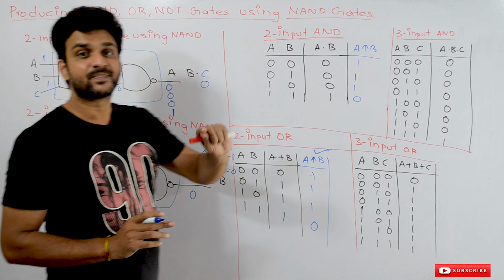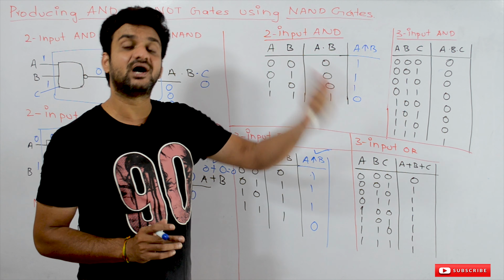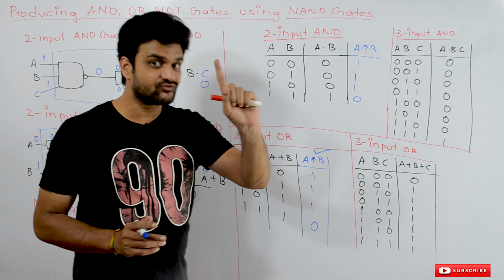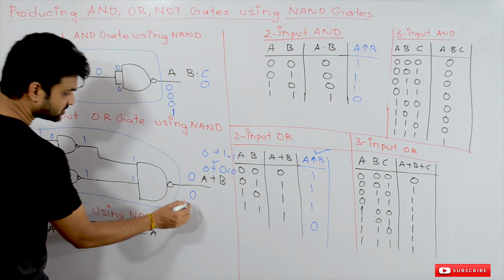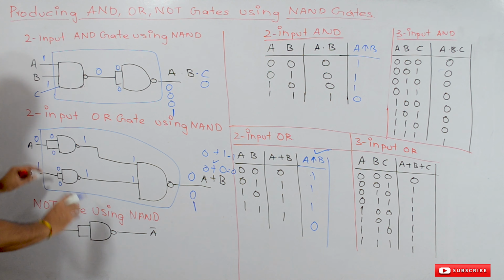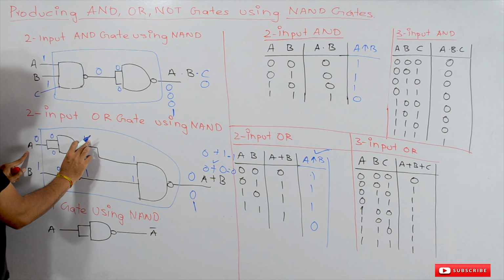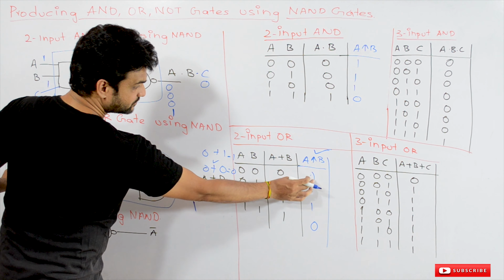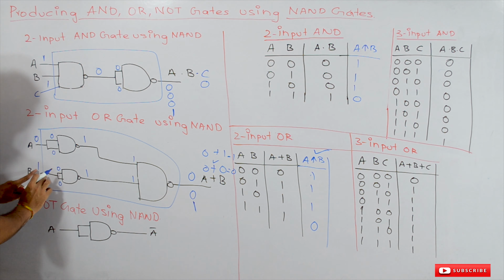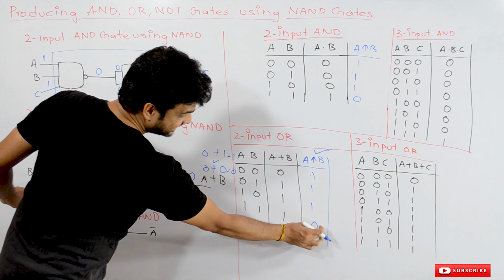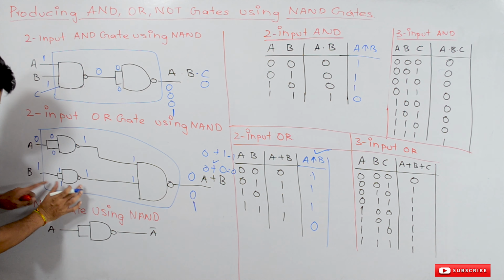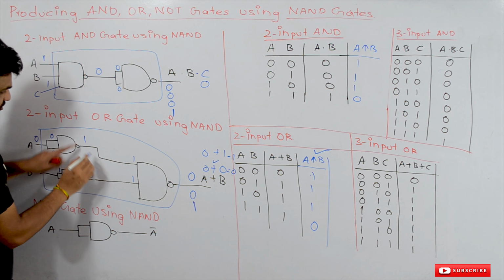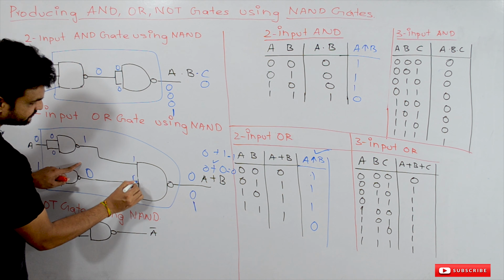For the input 0 1, the OR gate will produce 1. We have to check whether the circuit is producing 1 or not. Now 0 0 means the NAND gate will produce a 1. So here the input will be 1 1, and the NAND gate will produce a 0, and this 1 0 will become the input for this.